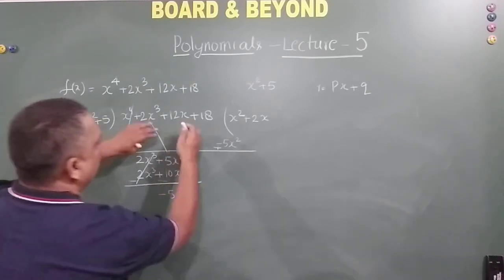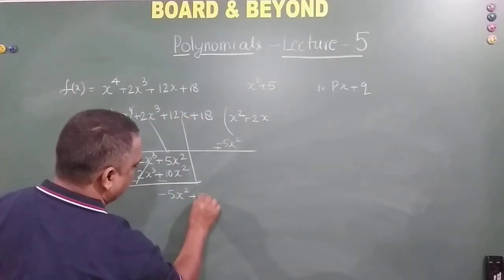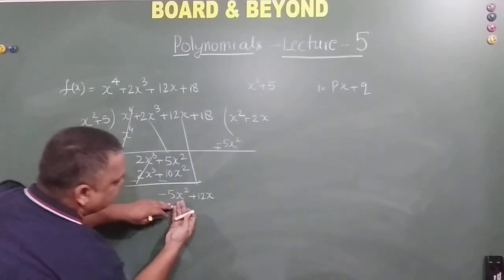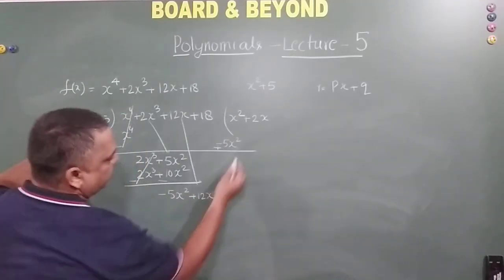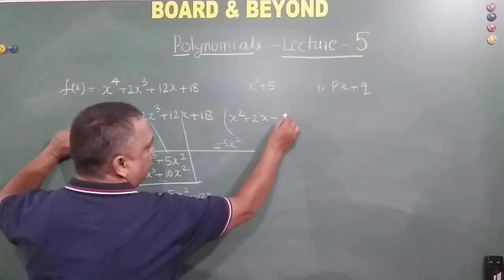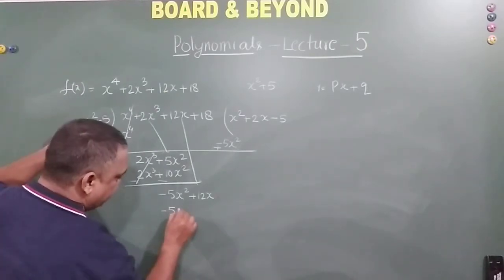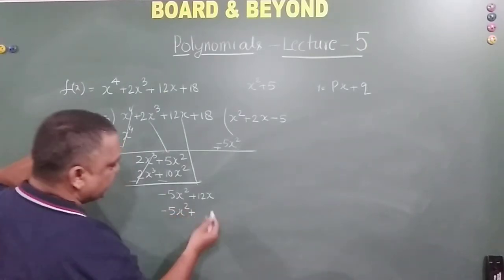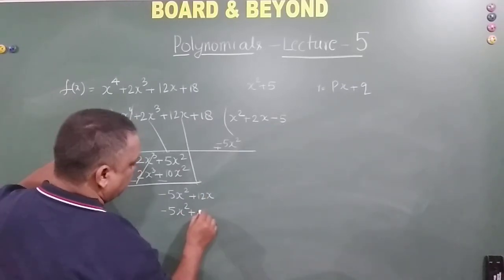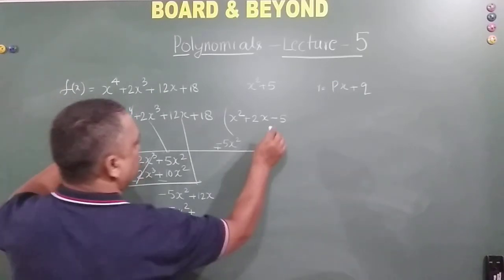Correct? Now I need to bring this down, that is plus 12x. Right friends? Now I need to get minus 5x here. So what I do is that first of all I put a minus sign, and then I introduce 5. So minus 5x square. But how much does this become, my friends? Minus 5 into plus 5.